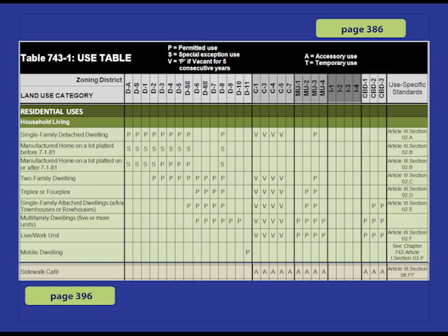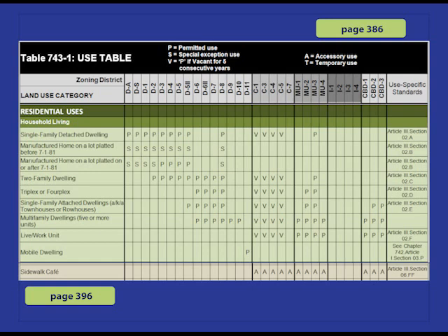Again, they are also permitted if an existing building's been vacant for 5 or more years in the C1, C3, C4, and C5 districts. They are also permitted in the mixed-use 2 and mixed-use 3 districts, as well as the CBD, Central Business District 2 and 3.